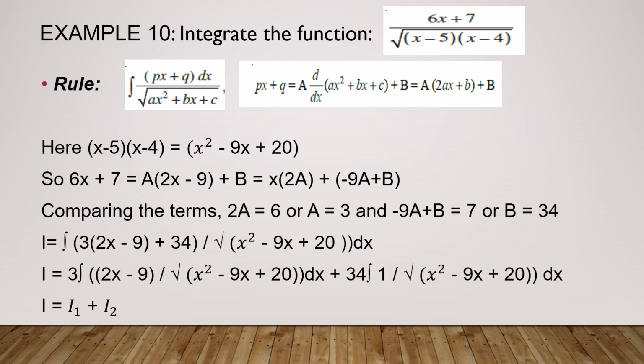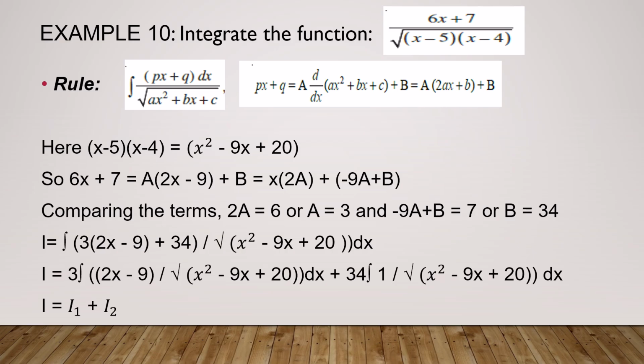Now, with our original technique, write px plus q as a into the derivative of ax square plus bx plus c, plus another constant b. So 6x plus 7 is equal to a into the derivative of x square minus 9x plus 20, which is 2x minus 9, plus some constant b.